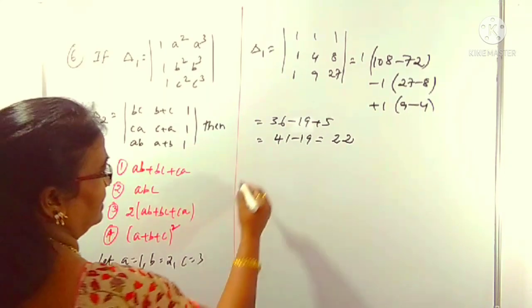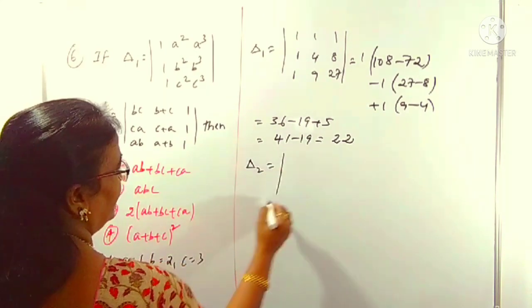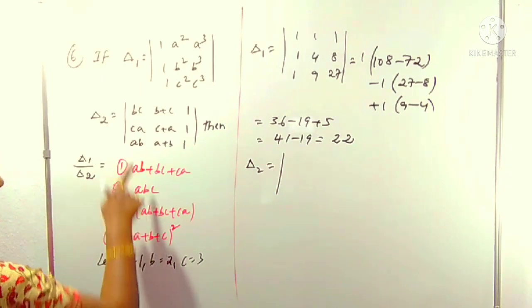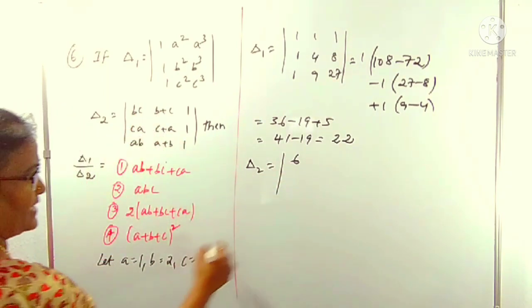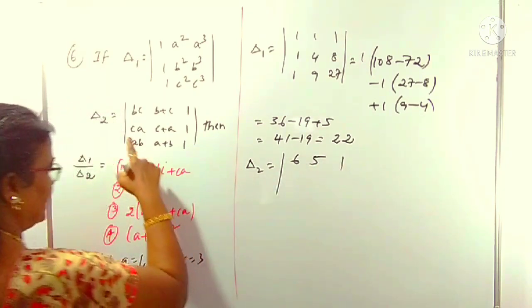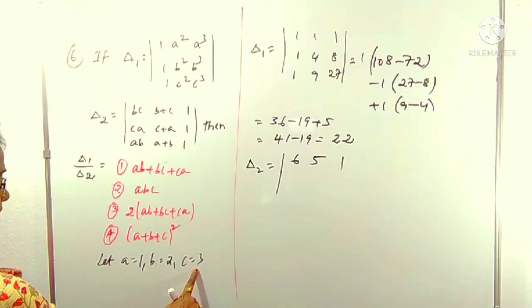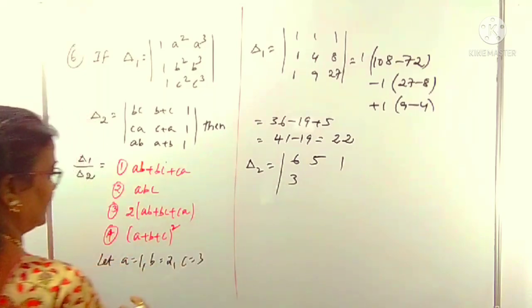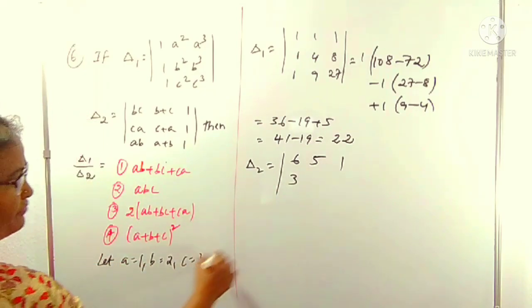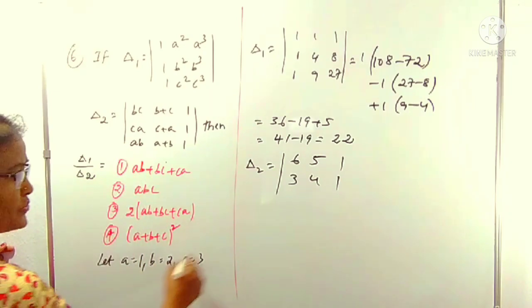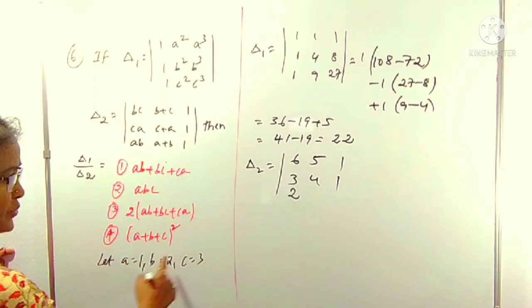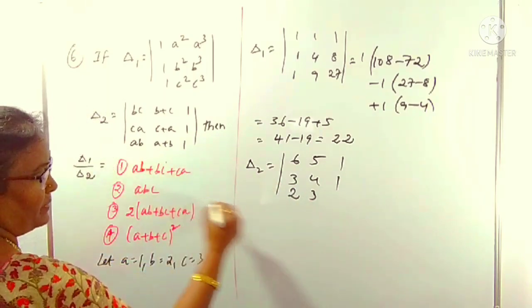Now you can think about delta 2. A, B, C are 1, 2, 3. B C means 2 into 3, 6. B plus C, 2 plus 3, 5. Then 1. Next C A: 1 into 3, 3. C plus A, 1 plus 3, 4. Then 1. Next A B: 1 into 2, 2. A plus B, 1 plus 2, 3.